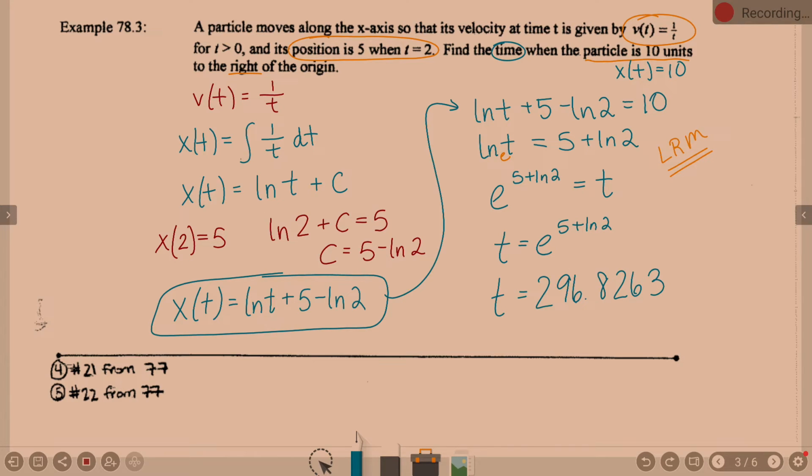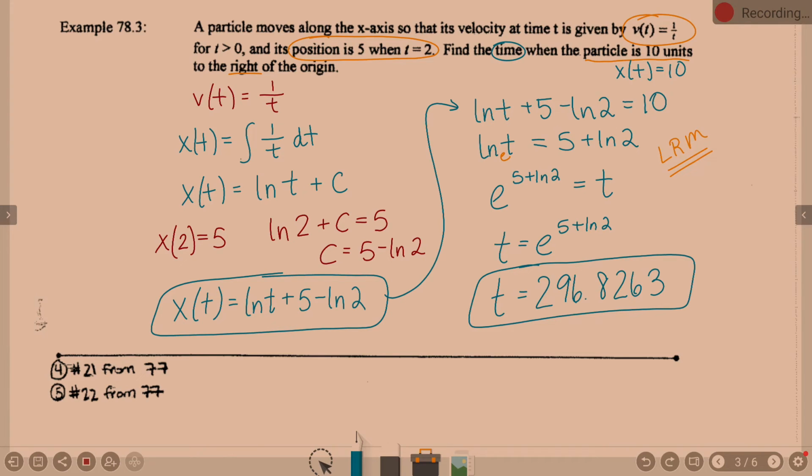I have 296.8263. You can double check that, but this wasn't a horrible problem. It's not a horrible lesson. Definitely not a horrible lesson.